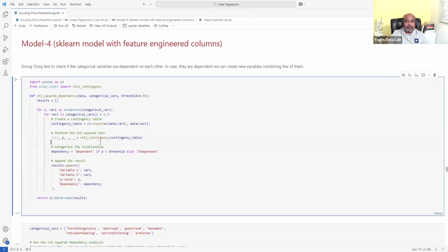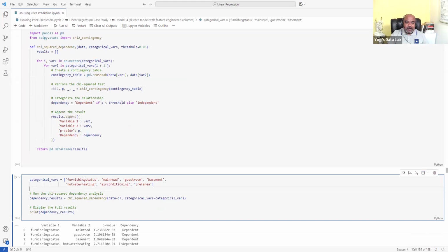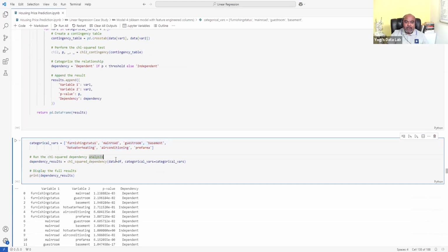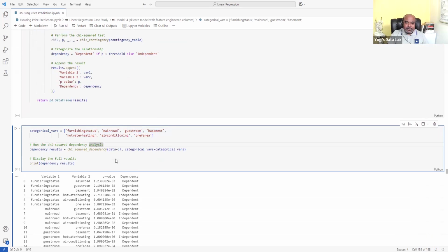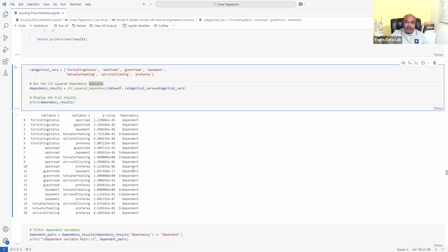So here is what I'm doing. I'm creating a contingency table of the categorical variables, and I'm performing a chi-square contingency test, giving that contingency table here. It returns me the p-value. I have given the categorical columns and called the chi-squared dependency function, and it tells me which of these variables are dependent and which are independent.